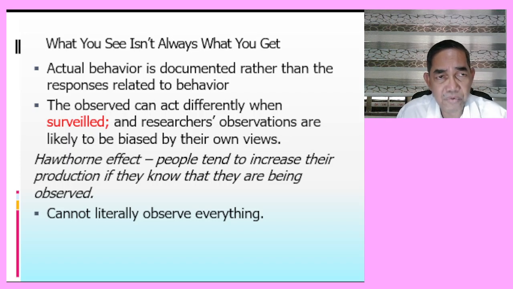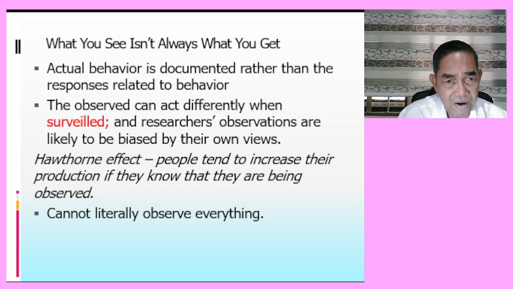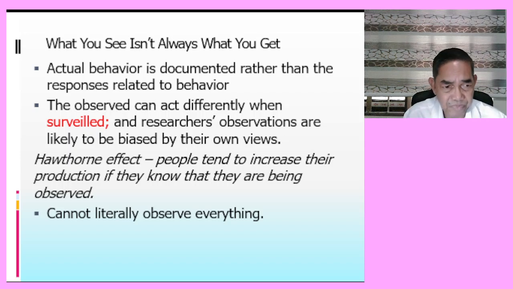So we know that if participants know that they are being observed by an investigator, they act differently, and the researcher's observations are likely to be biased by their own views. So this is another problem with observation.